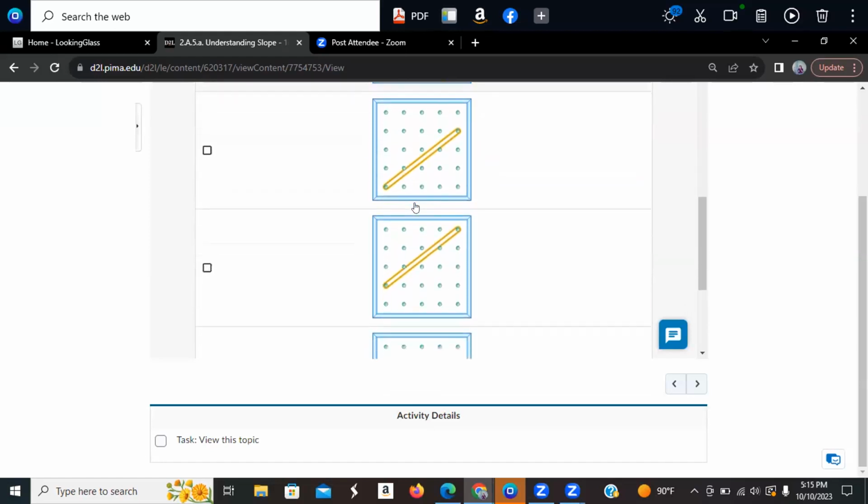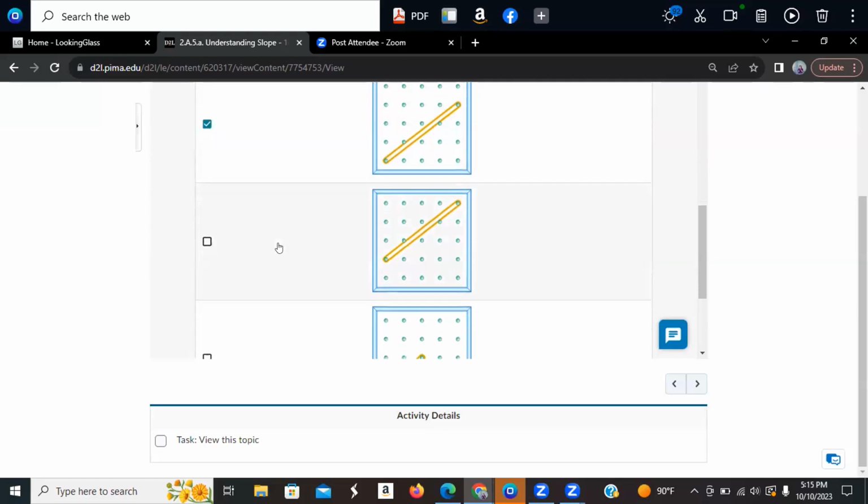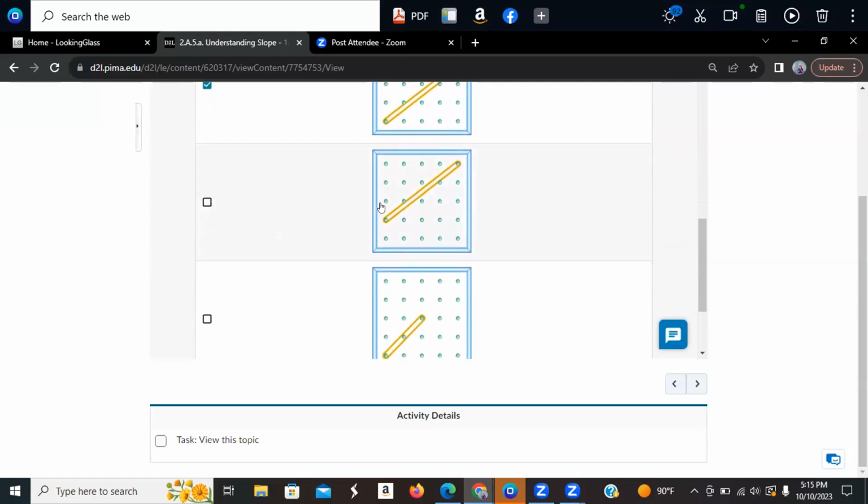All right, so let's start in the lower left of that next one and go up three and then go right four. Does that one work? Yes. Okay, good. Good.